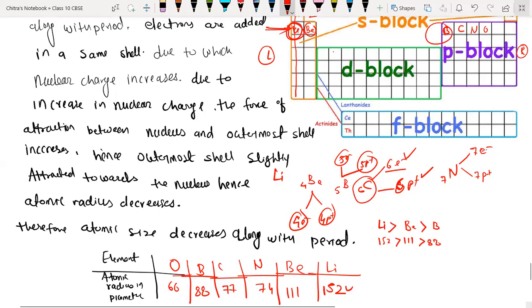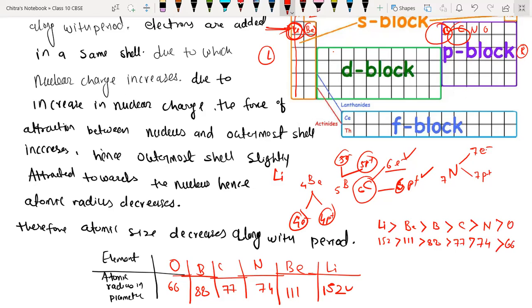After boron we have carbon, 77. After carbon we have nitrogen, whose atomic radius is 74. After nitrogen we have oxygen, and its atomic radius is 66.